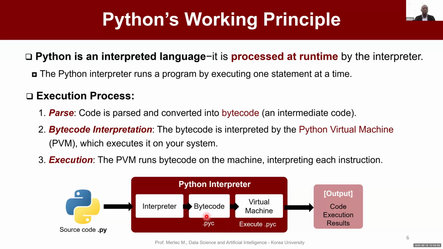And this bytecode, which is an intermediate code, will now be executed by the virtual machine, called the Python virtual machine, in order to compute the inputs and give out the outputs based on the business logic implemented in your program. So this is the working flow of a typical Python interpreter.